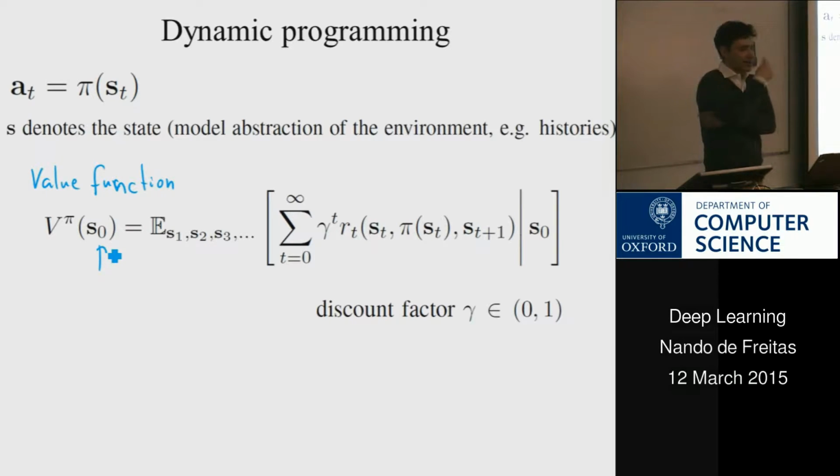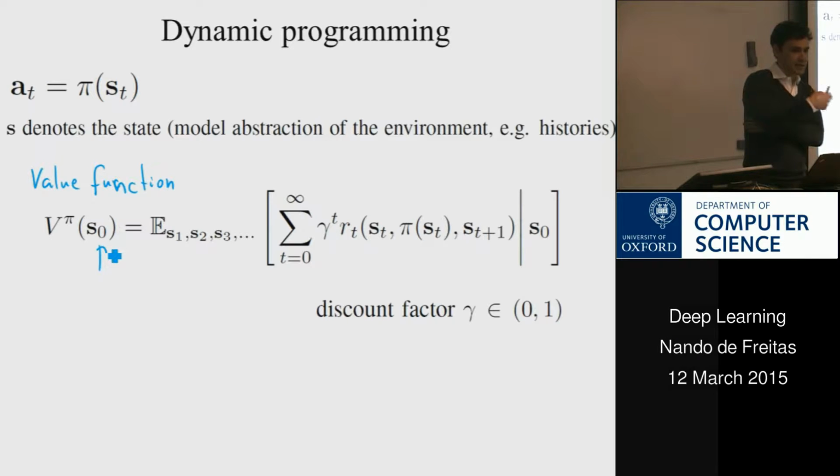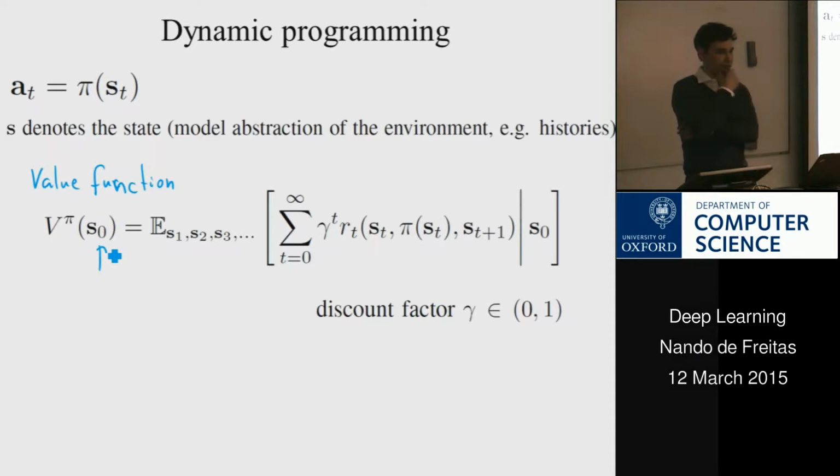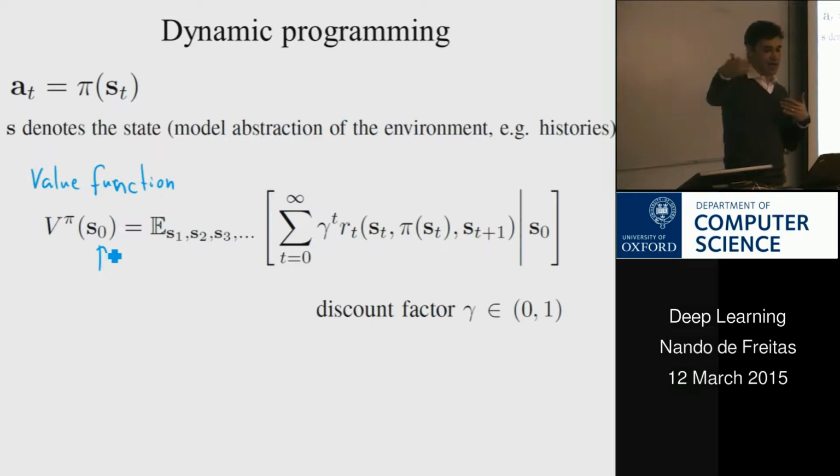So S naught is essentially being in a particular state at time zero, at the initial decision period. If I'm going to be in an environment where I'm going to be choosing actions according to some policy, what is the value if I start here versus starting, I don't know, maybe in London or so.